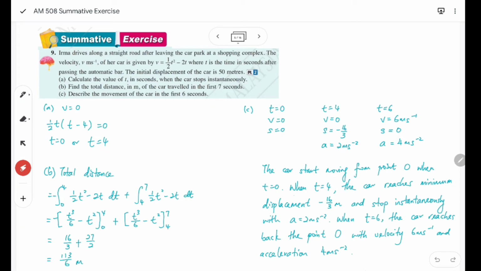B. Find the total distance in meters the car traveled in the first 7 seconds. Alright, so we know the car stops at t equals 4, right? So we break our time interval for the first 7 seconds into 0 to 4 and 4 to 7, because when t equals 4, that is the time when the car turns direction.